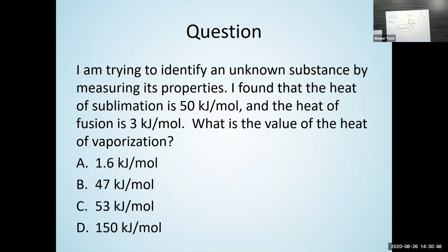This question here is related to some of the lecture videos. I have some unknown substance. I know that the heat of sublimation of that substance is 50 kilojoules per mole, and the heat of fusion is 3 kilojoules per mole. My question is, what is the value of the heat of vaporization?